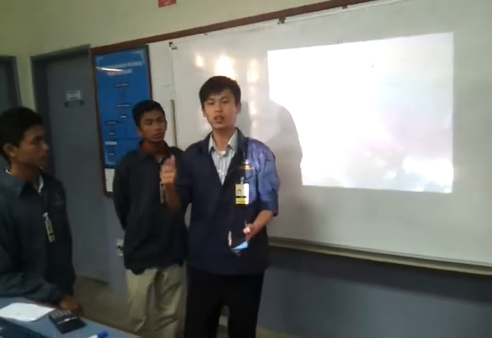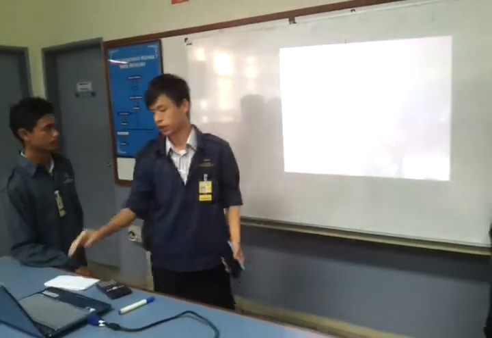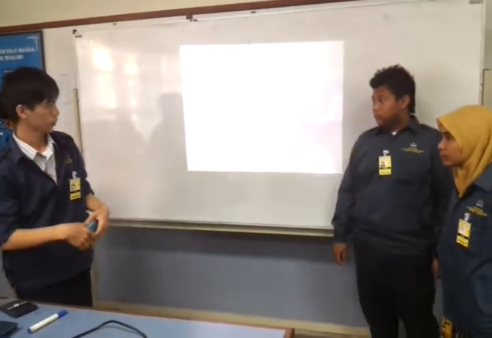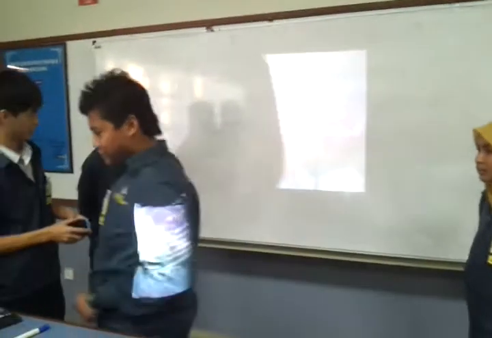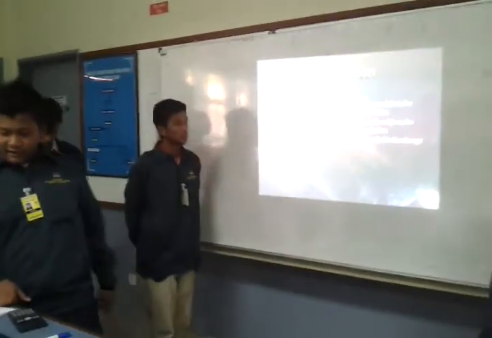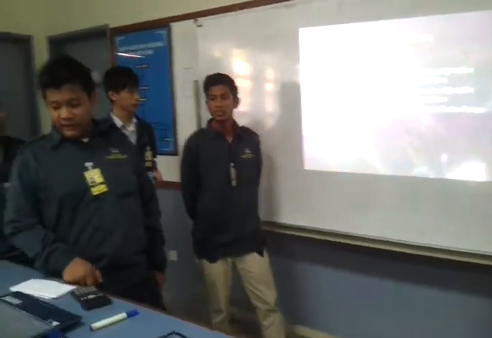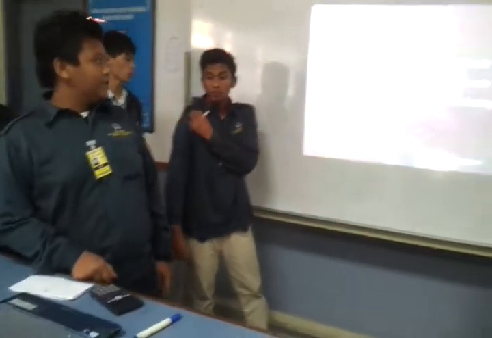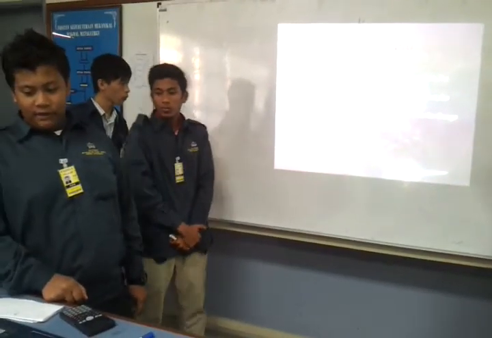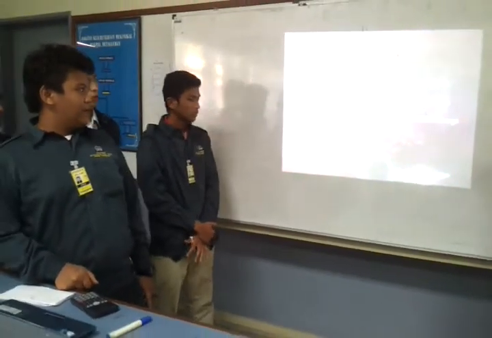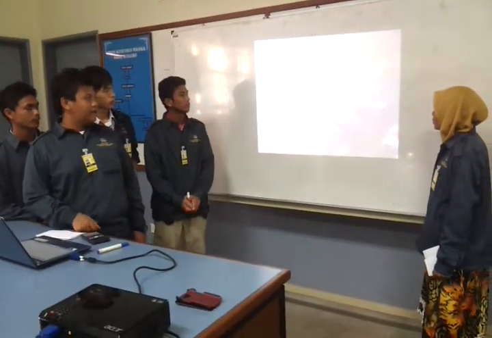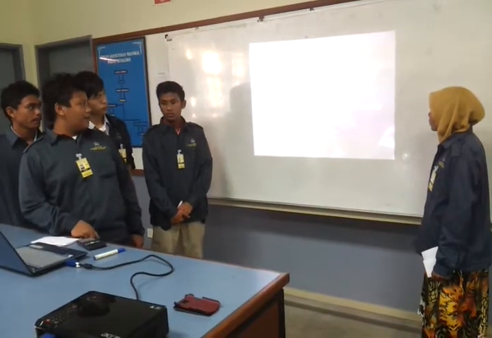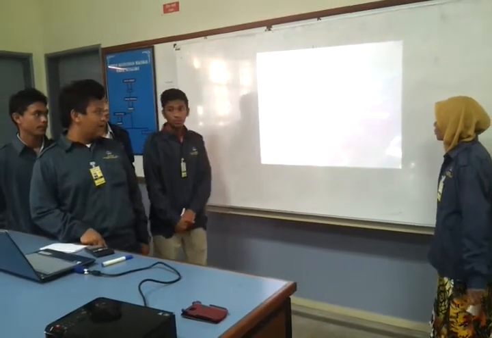So now I would like to pass the speaking to Faris to talk about the acceleration. Acceleration is the rate of change of velocity. If acceleration is in the same direction, the object speeds up and it is known as acceleration. If acceleration is in the opposite direction, the object slows down and it is known as retardation.